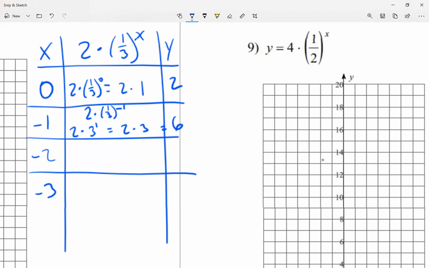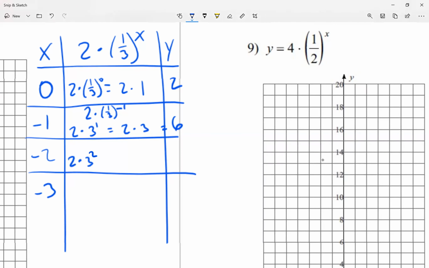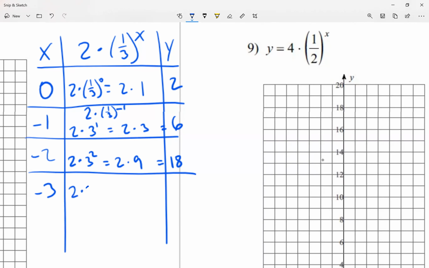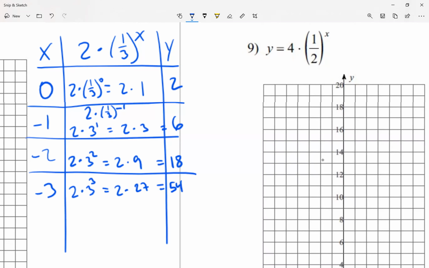So when x equals -2, I'm just going to call this 2 times 3 to the second. Remember that my negative exponent flipped my fraction. So I have this as 2 times 9, so that's 18. Now when x equals -3, I'm going to see this as 2 times 3 to the third. So it's basically 2 times 27, which is 54.